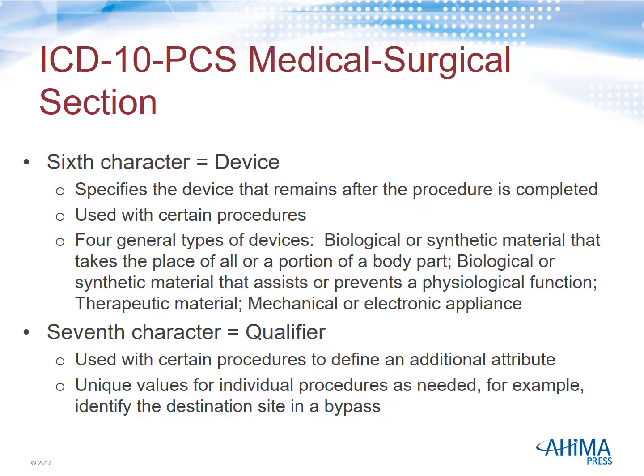Your 7th character is your qualifier. It is used with certain procedures to define an additional attribute. Unique values for individual procedures as needed. For example, identify the destination site in a bypass.